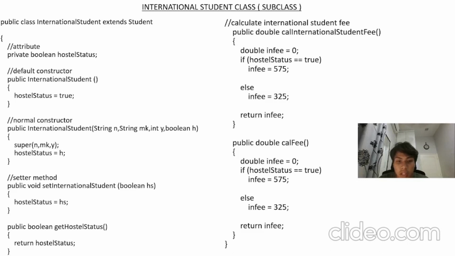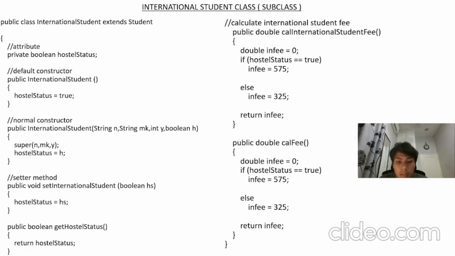The default constructor initializes the hostel status attribute to true, while the normal constructor takes four parameters, which are name, matric number, year, and hostel status, and initializes the inherited attributes using the super keyword. It also initializes the hostel status attribute with the provided value.